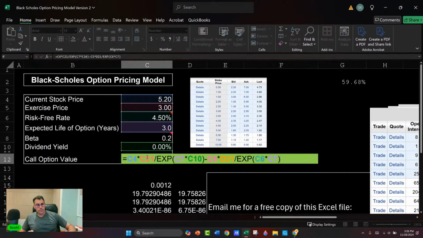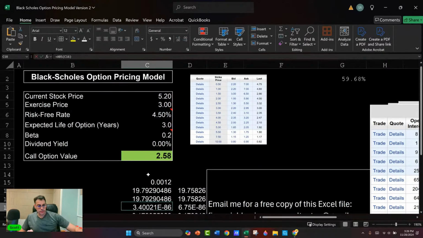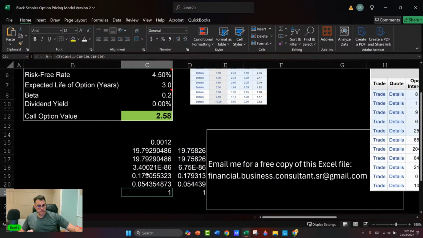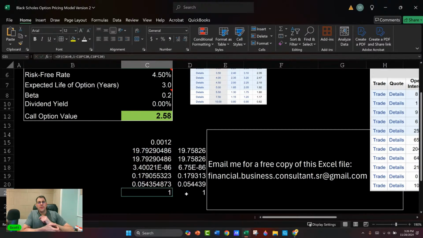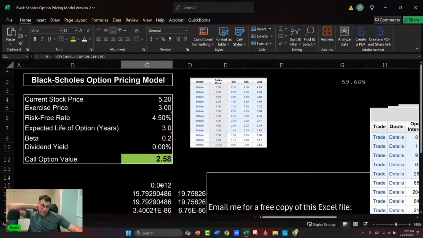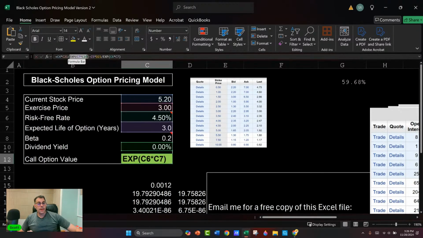But the actual math is you take the current stock price, you multiply it by C21, which is an if statement based off of 3 parameters. It's hard to explain without it sounding confusing. Over the EXP function.